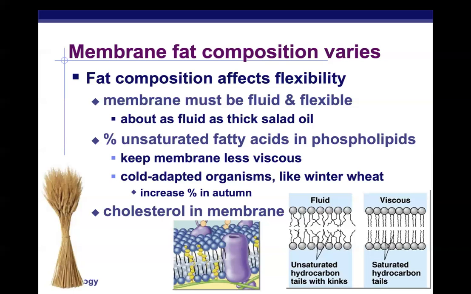The percentage of unsaturated fatty acids will actually increase in the autumn months in preparation for the cold. Because when it gets cold, everything moves slower, and if we do not keep it fluid enough, it'll be very hard for substances to move in and out.